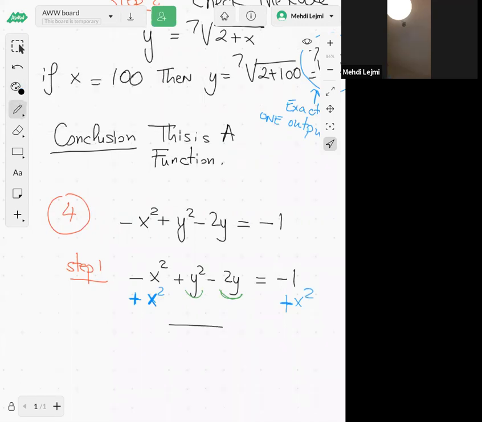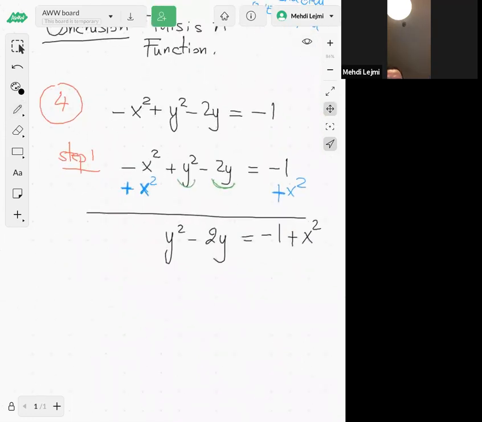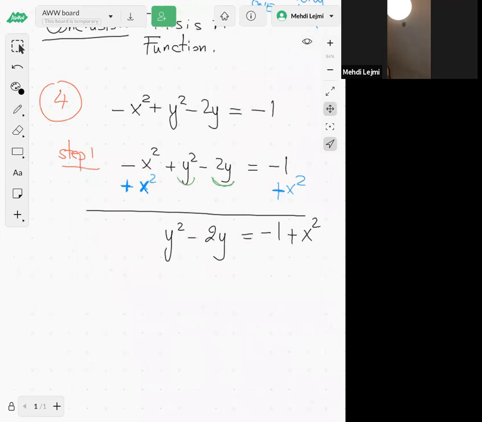So then that will be y squared minus 2y equal to -1 plus x squared. Well, here there's a kind of problem because we have 2 terms with y, right?